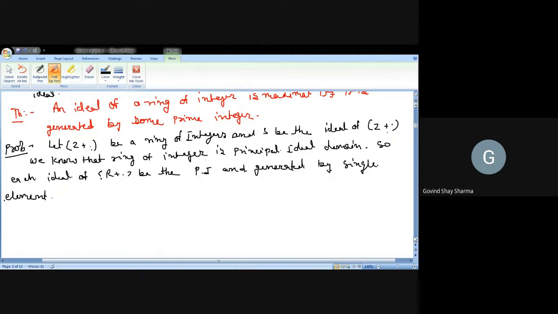Now first we take S as an ideal, generated by a prime element.